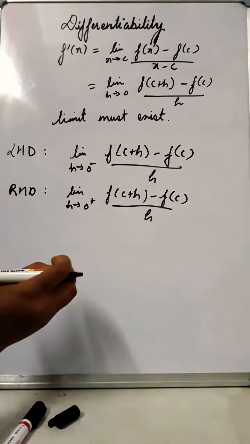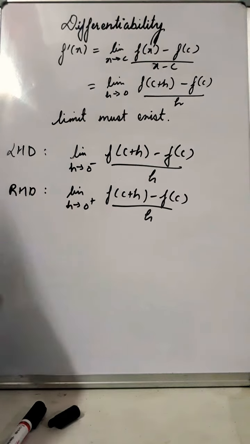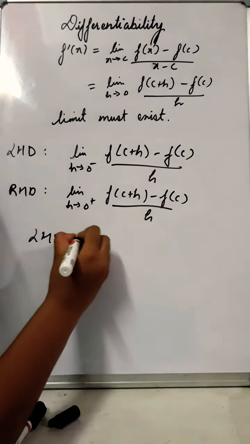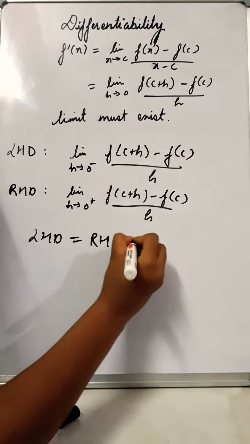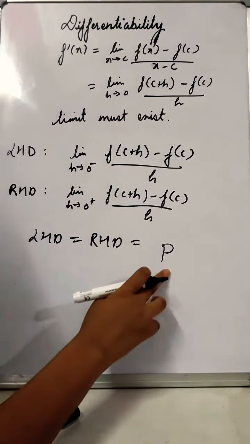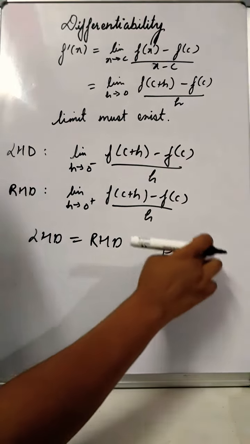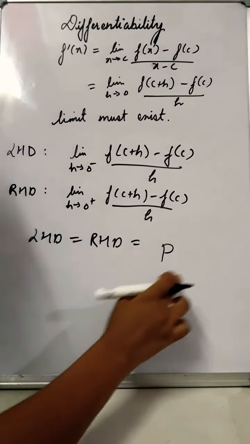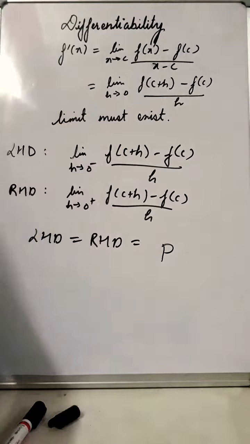Now the condition for this function to be derivable is that your left hand derivative should be equal to the right hand derivative and must give a finite value. Whatever value you obtain, this p is the differentiation of your function.